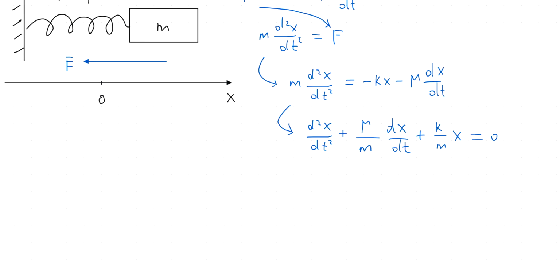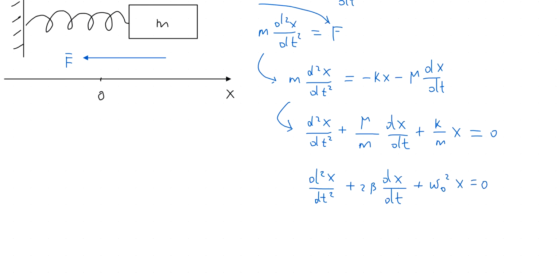And this equation can be written in a common form that looks like this: d²x by dt² plus 2 beta dx by dt plus omega 0 squared x, and this is equal to 0.